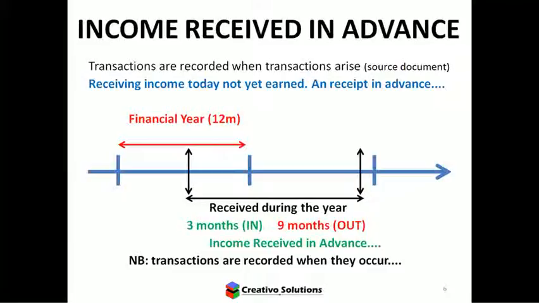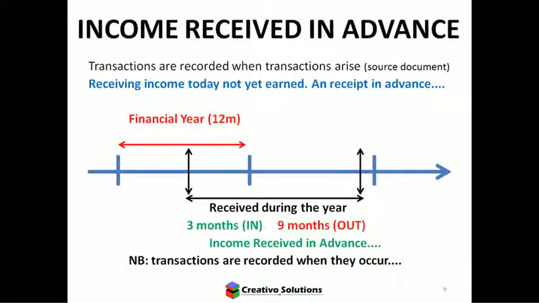So 9 months is outside the financial year, and therefore I cannot recognize it in the 12 months that I'm analyzing because the financial year is 12 months long. So I must only record transactions for those 12 months. 3 of the 12 months can be accurately recorded as income because I've recorded it during that period, and anything outside the 12 months must be viewed as income received in advance. And if you think about the definition, well, what am I actually doing?